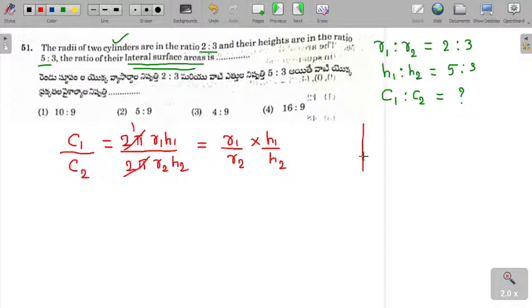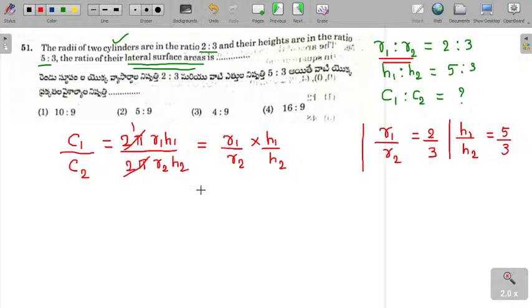My dear students, R1 is to R2 is given as 2:3, that is R1 by R2 is equal to 2/3. H1 is to H2 is 5:3, that means H1 upon H2 is equal to 5/3.